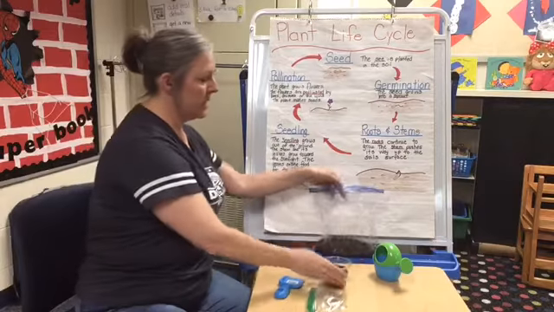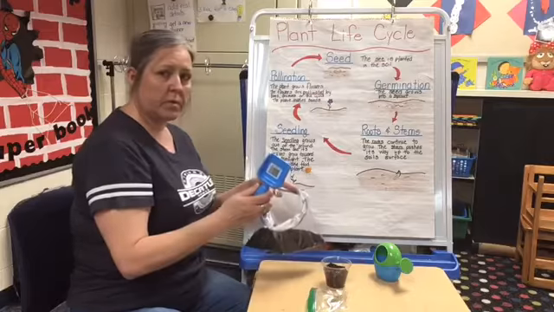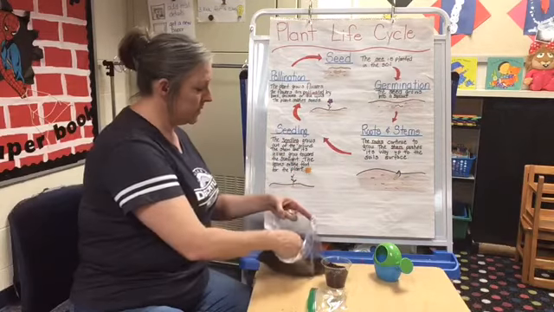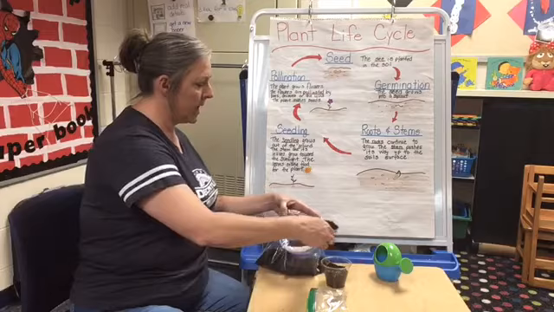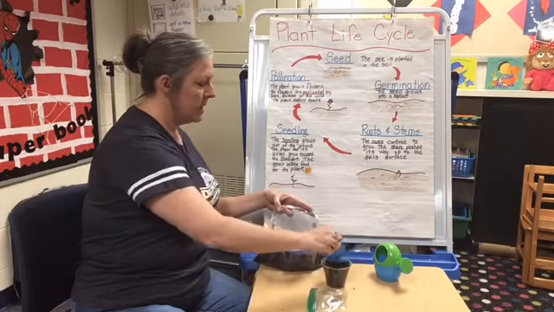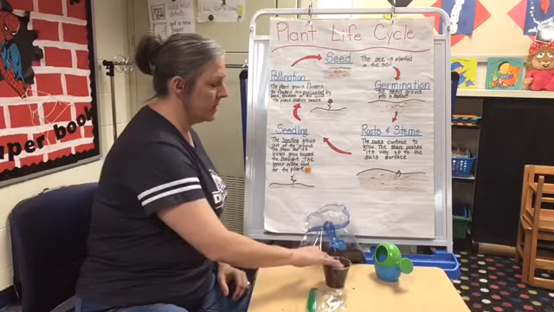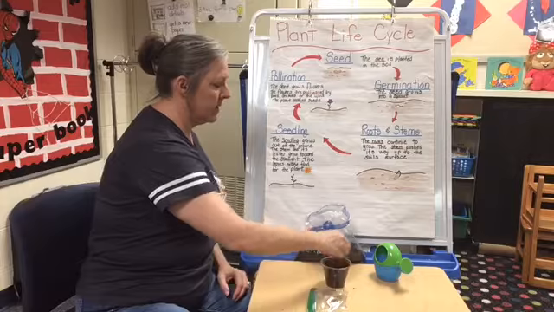Next, I'm going to take my shovel, scoop some soil out and put it right on top. And then you can use your hands or your shovel. We're going to pat it down just a little bit.